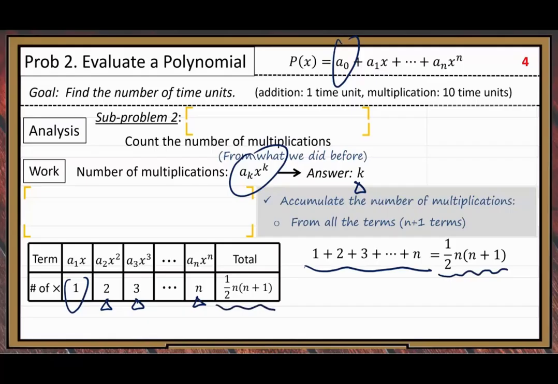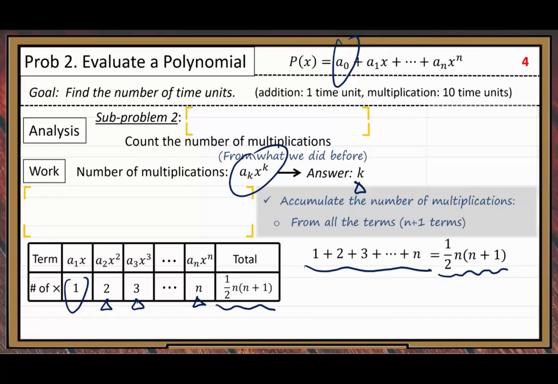After that, we need to convert it to the number of time units based on our assumptions. Some students feel this step is strange. But here we want to consider the total computation cost from additions and multiplications, so we need to use a certain number of time units to estimate the total cost.